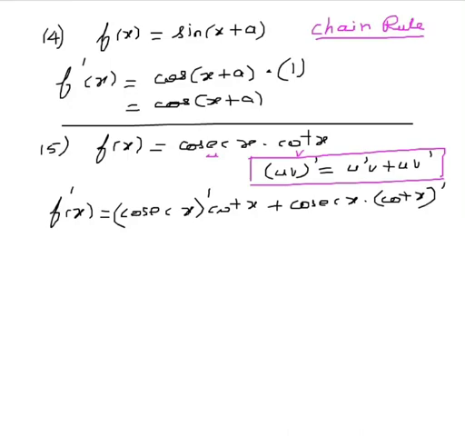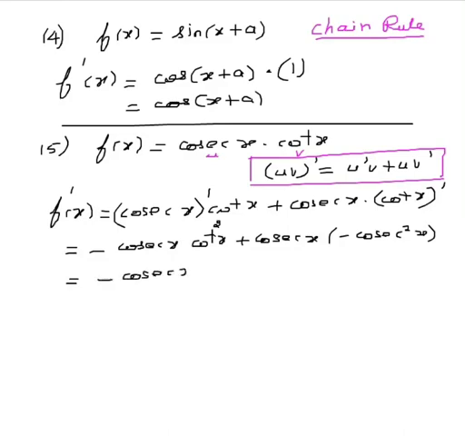Be thorough with all the differentiation formulae. Differential of cosecant x is minus cosecant x into cot x. And we have into cot x, so it becomes cot square x plus cosecant x times the derivative of cot x, which is minus cosecant square x. Therefore, the answer is minus cosecant x times cot square x plus cosecant square x.